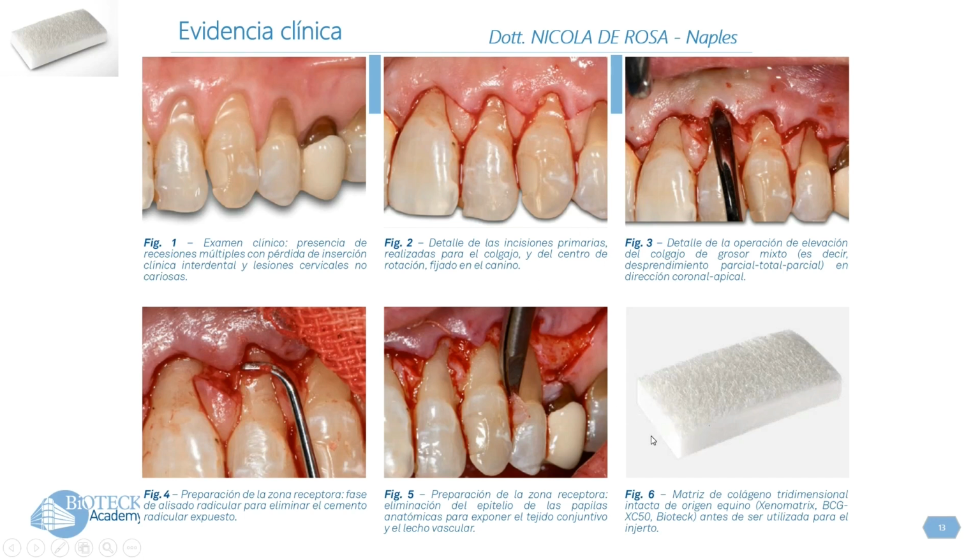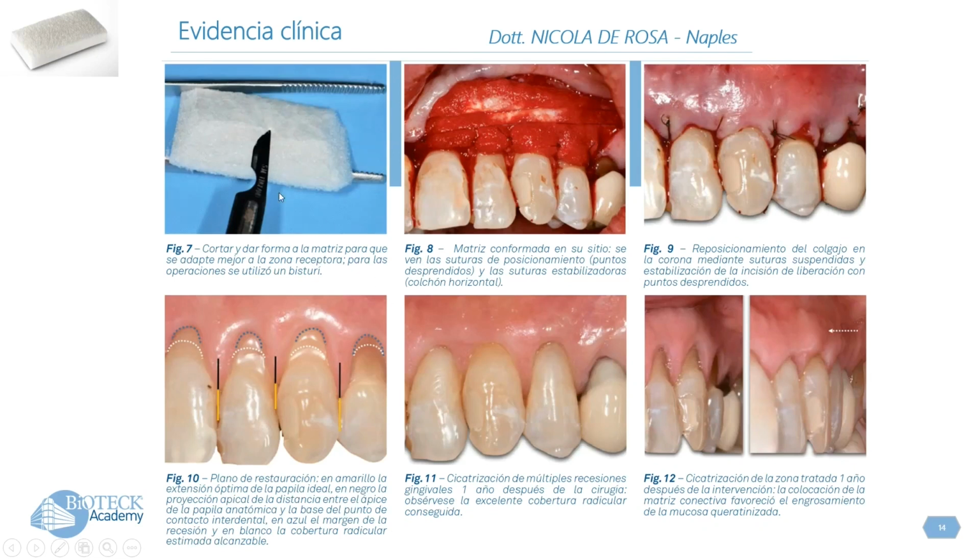He prepared the Xenomatrix with a scalpel, and here we can see the application of Xenomatrix, which acts really like a sponge, because it is highly hydrophilic. It takes the blood that has been exposed during the surgery, and then the matrix is stabilized with suture.